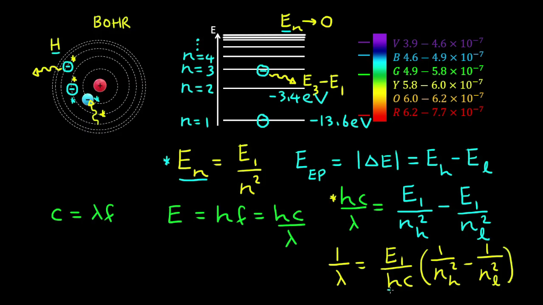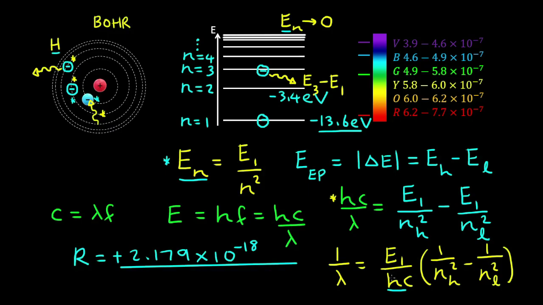And now if we take the negative of this constant as the Rydberg constant, so recall that we calculated the energy of the ground state in joules, which was negative 2.179 by 10 to the minus 18 joules. And the Rydberg constant is the negative of that. And that's divided by Planck's constant by the speed of light in a vacuum.